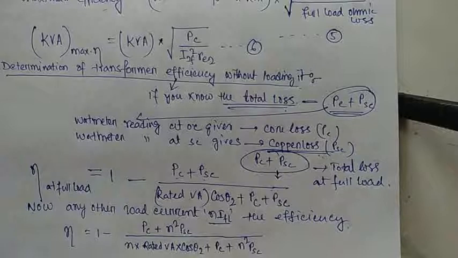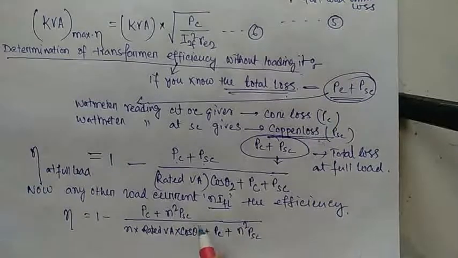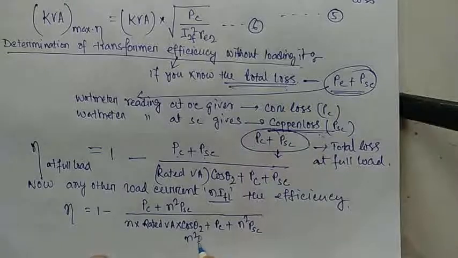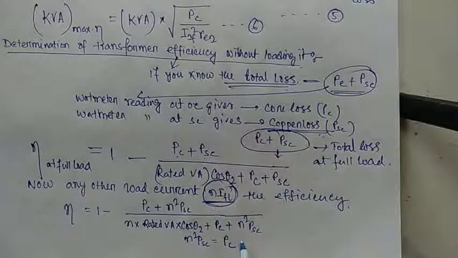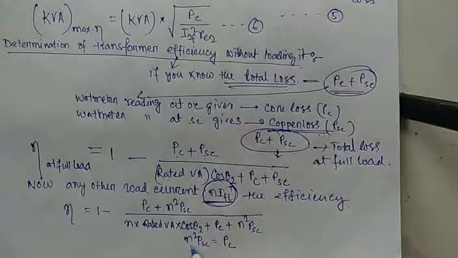So we know that the maximum efficiency occurs when the ohmic loss equals the core loss. So at that time N square P SC equals PC. When we take the load current as N into IFL, the maximum efficiency occurs when N square PSC is equal to PC.